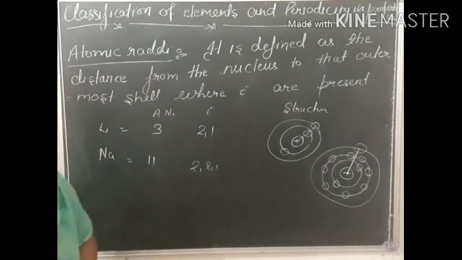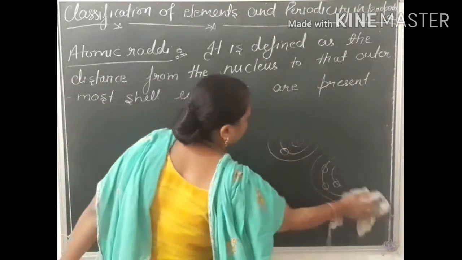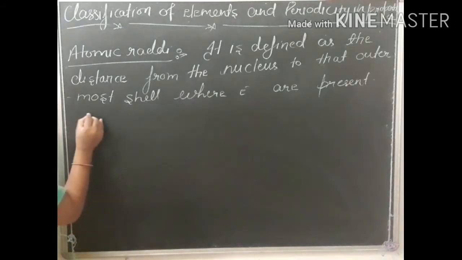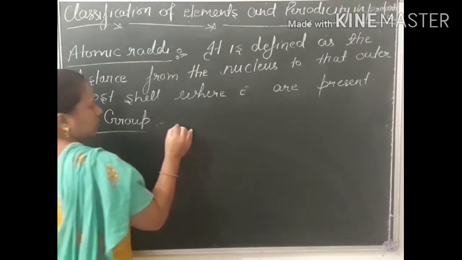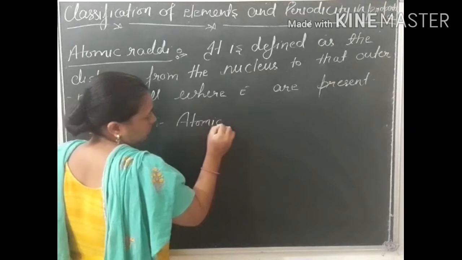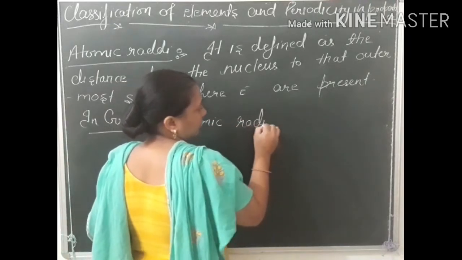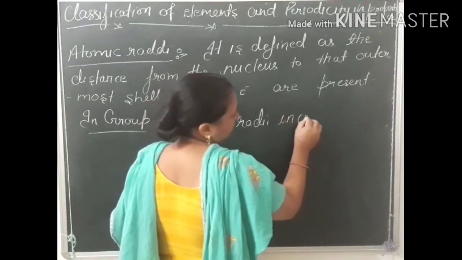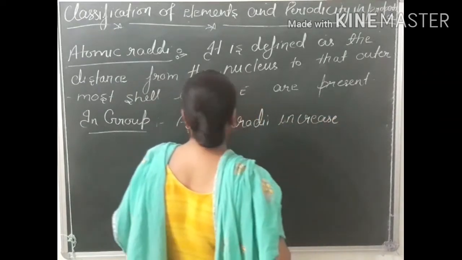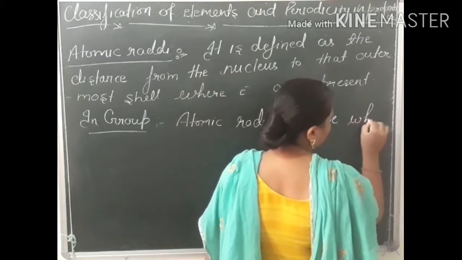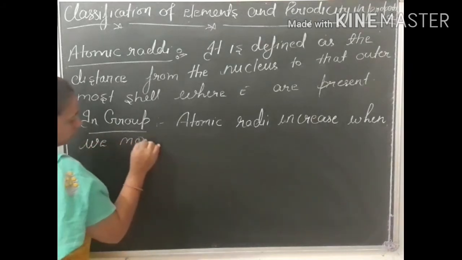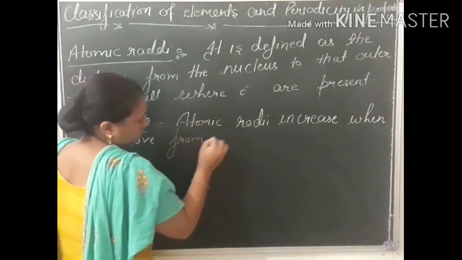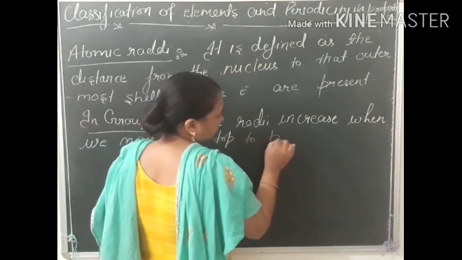And we can write here: in a group, atomic radii increase when we move from top to bottom.